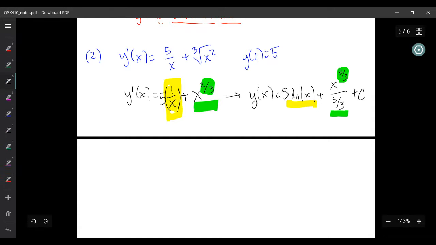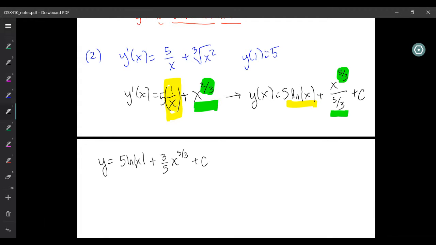All right, so I'm going to rewrite this. I just keep changing, flip, 5/3, reciprocal, it becomes a 3/5. And now we're going to use this information, right? So it tells me then y is equal to 5, all right, when x is 1.